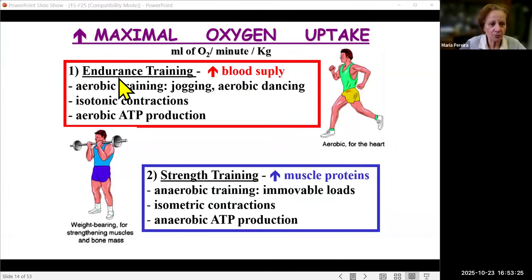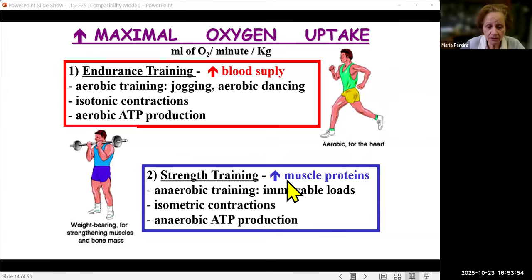Okay, so this kind of cardiovascular training, its function is to improve the function of the heart. The aim of endurance training is to improve the function of the heart muscle. Here, strength training increases the size of the muscle.